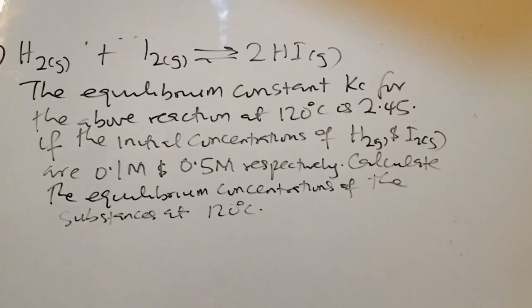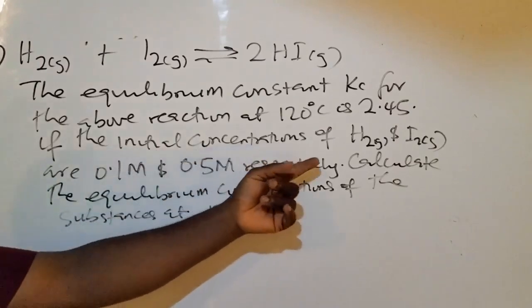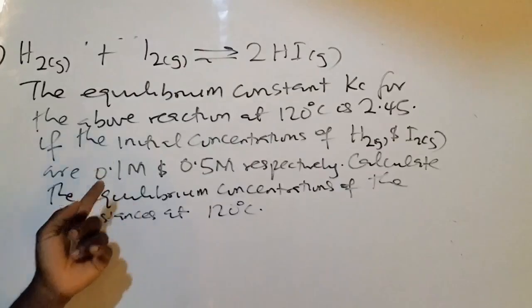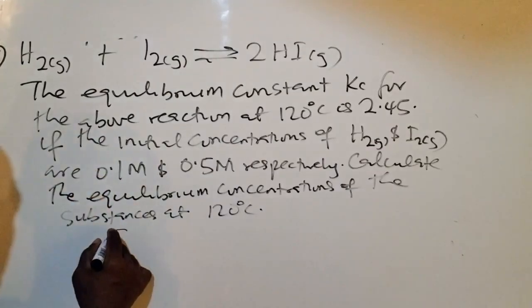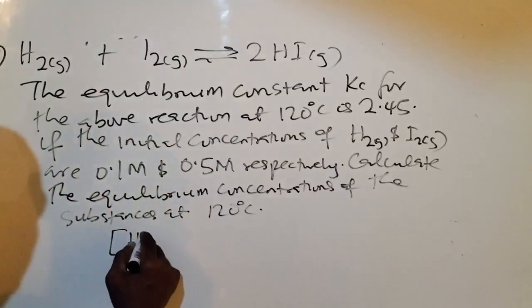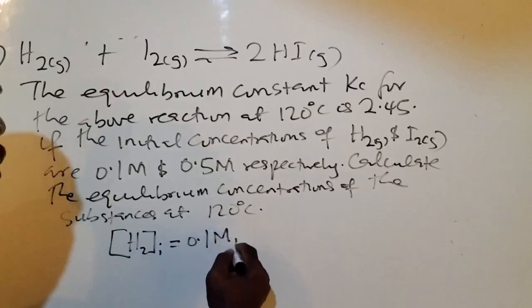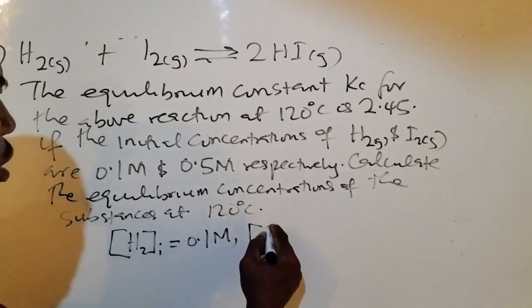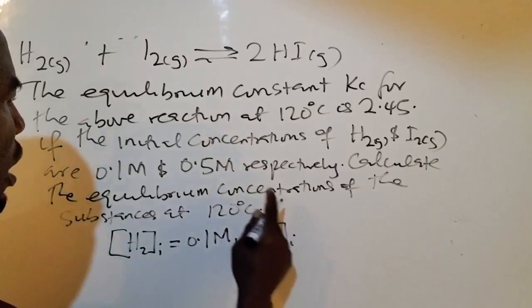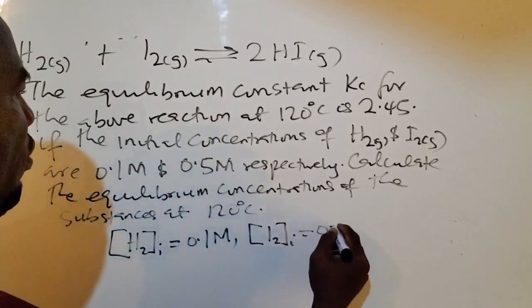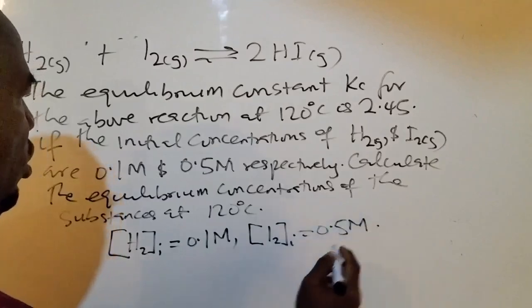So look at this problem now. We're going to list what was provided for us. The parameters given to us are the initial concentrations of the two reactants. The concentration of hydrogen, initial, is 0.1 mole per dm³. That of iodine vapor, initial, is given as 0.5 mole per dm³.